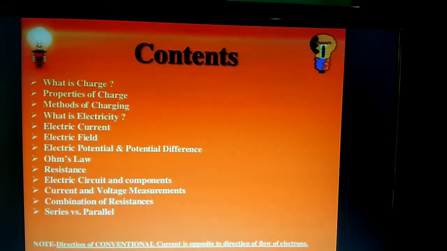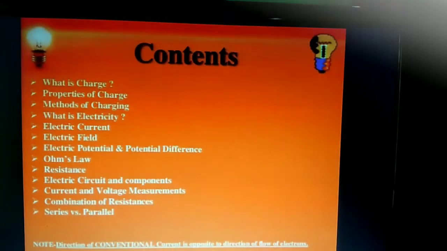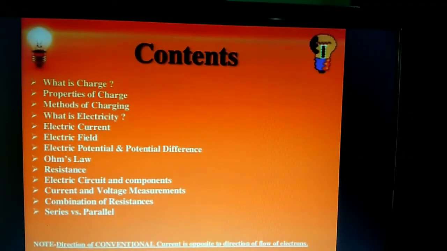Now, in this chapter, what are we going to learn? What is charge? What are the properties of charge? The methods of charging? What is electricity? What is electric current? What do you mean by electric field? What is potential and potential difference?